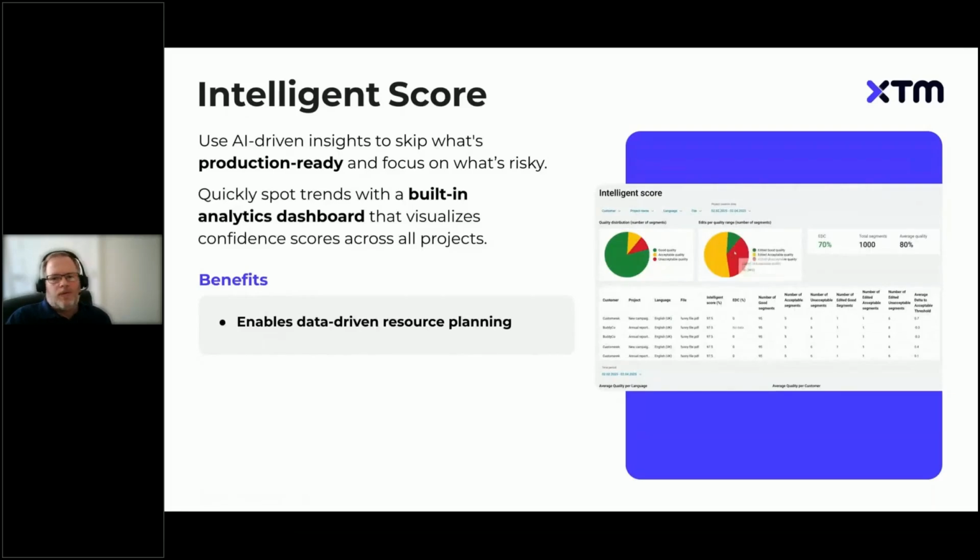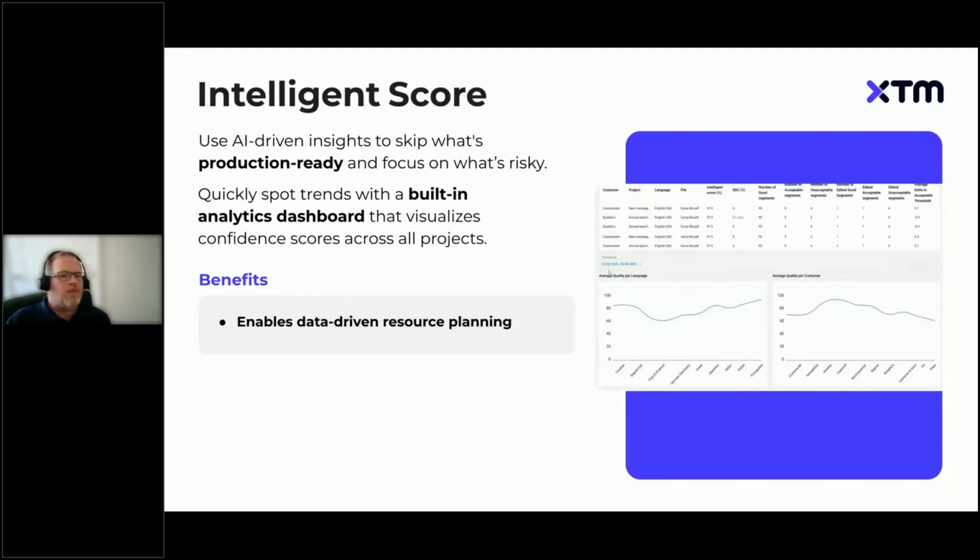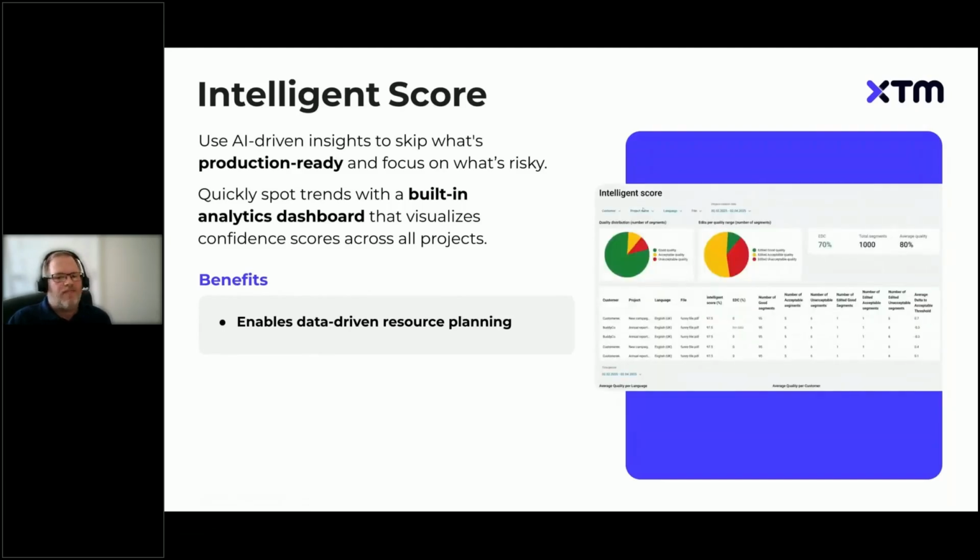What we're doing here is we will be aggregating the scores on a file, language, and customer level, which will allow our users to really drill down deeper and gain valuable insights. Benefits of this, it's going to enable data-driven resource planning, as we can potentially see which languages have the lowest scores or highest scores, where do we need to focus more.